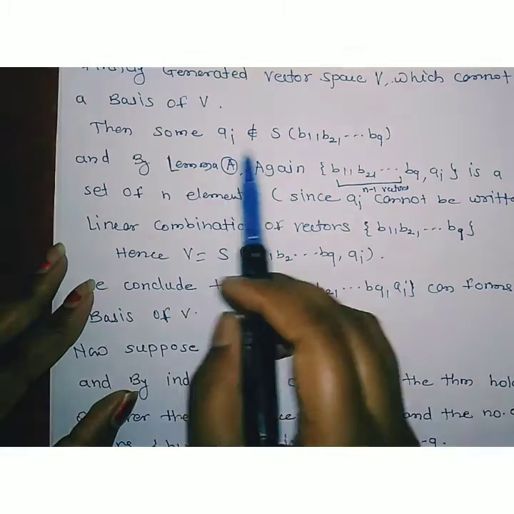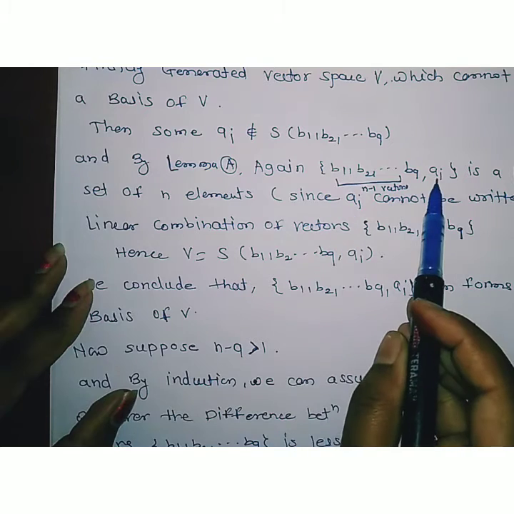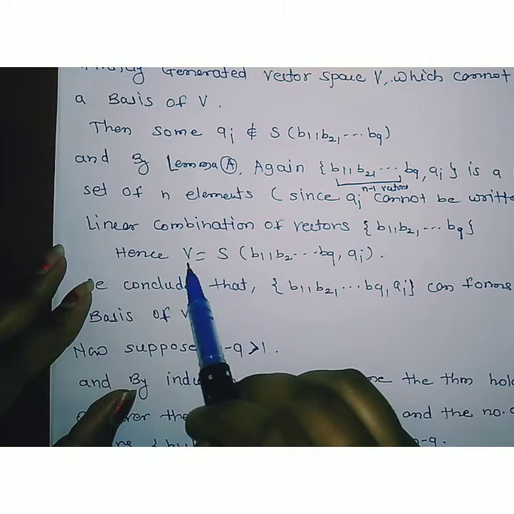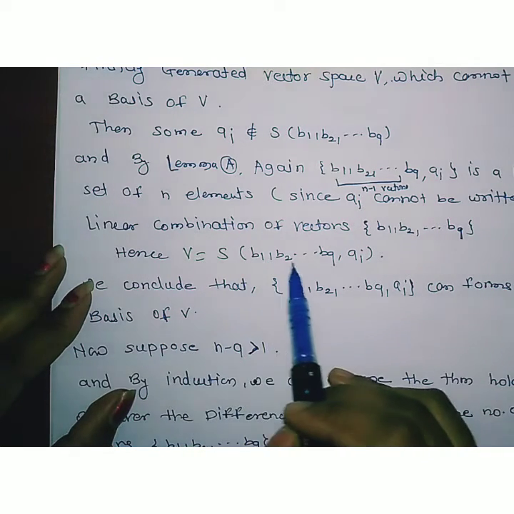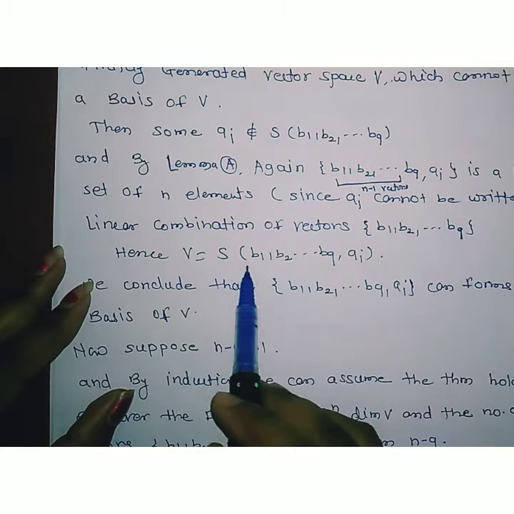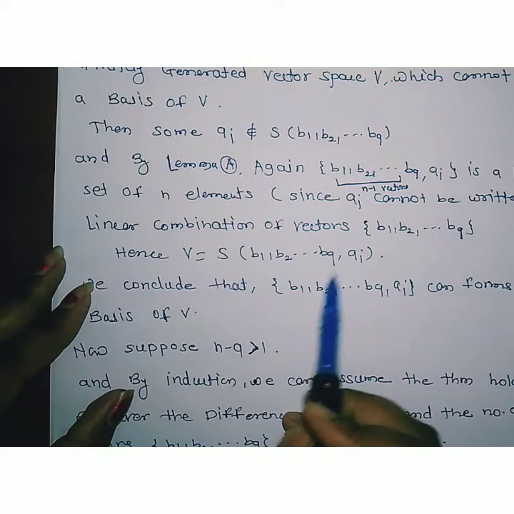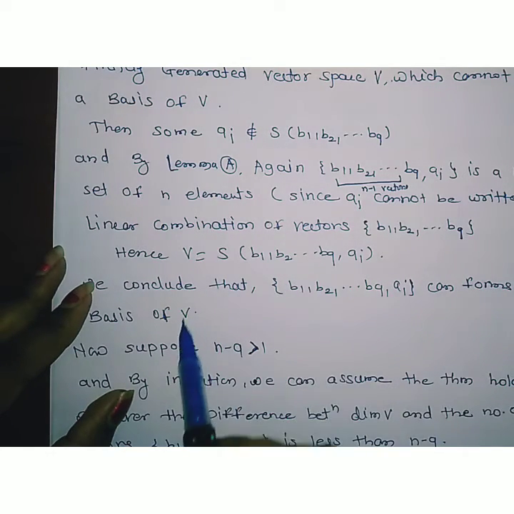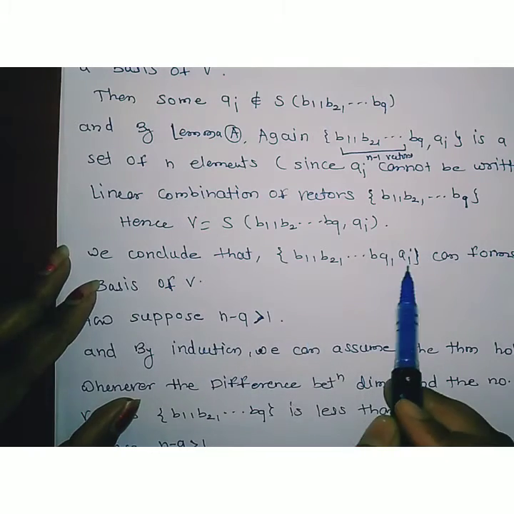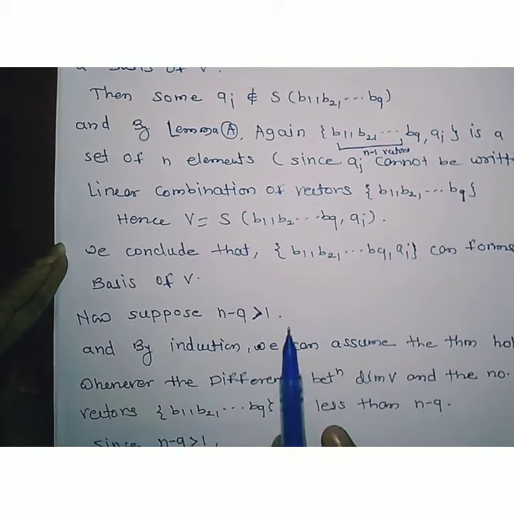That is, ai cannot be written as a linear combination of these vectors, which implies that this set is linearly independent, and hence V is equal to the span of b1, b2, ..., bq, ai. Since V equals the span of these vectors and this is a linearly independent set, by the definition of a basis this forms a basis of the vector space V. Therefore the second case is also satisfied.